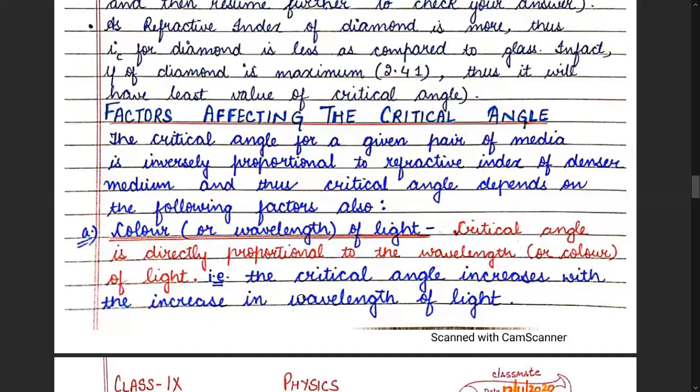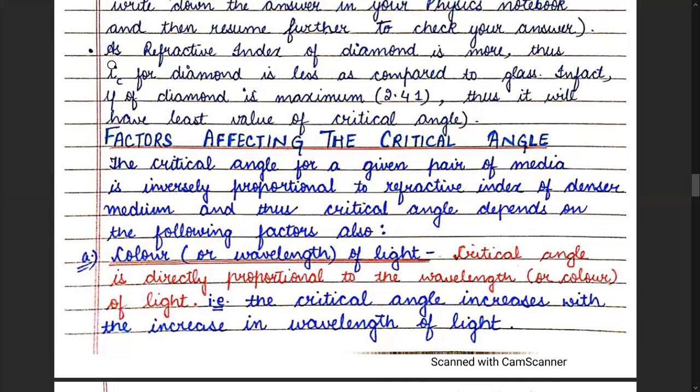So students, the answer is, as refractive index of diamond is more, we have studied this earlier, that refractive index of diamond is maximum. That is, the refractive index of diamond is 2.41.